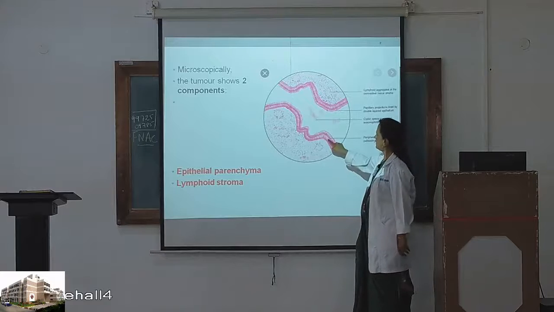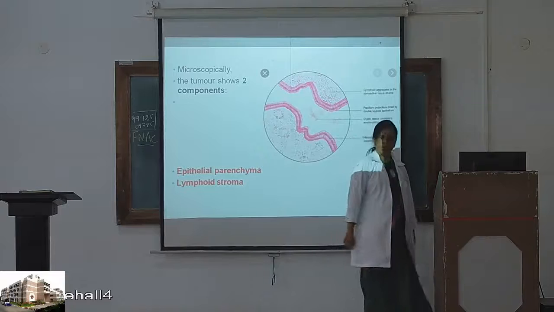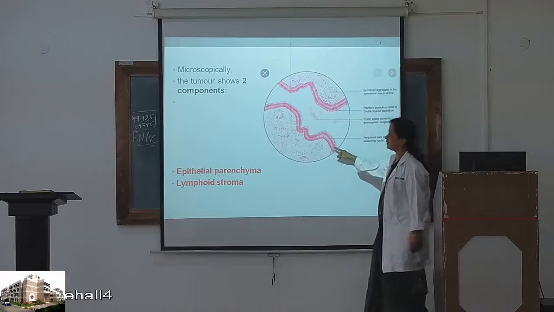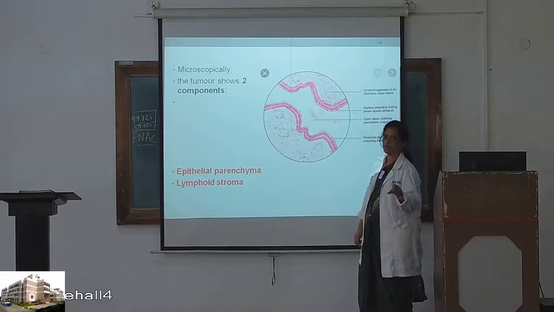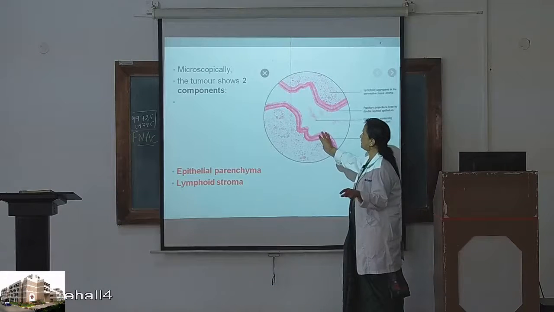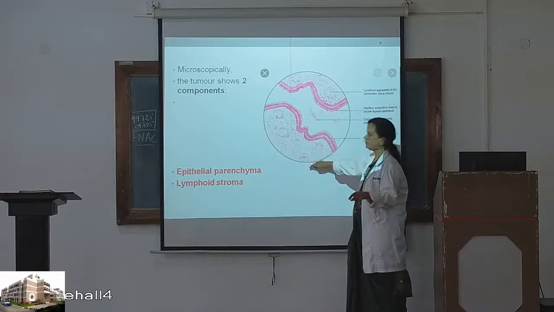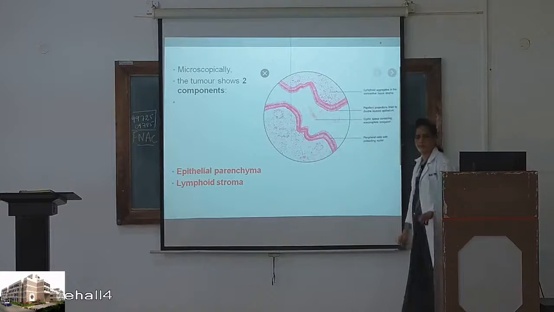Two rows, very nicely made out. And what is this? This is a space. What is that space we say in the tumor? Cystic space. And what's happening to these tumors? This is projecting into it. What is the name of this tumor? Papillary cystadenolymphoma. Papillary projections going into the cystic spaces.